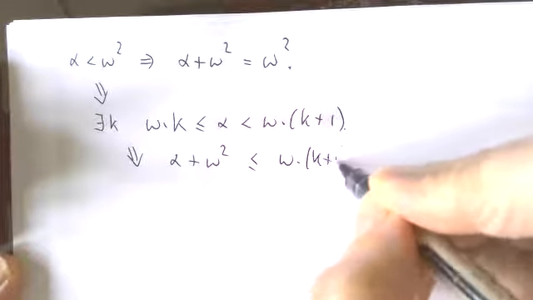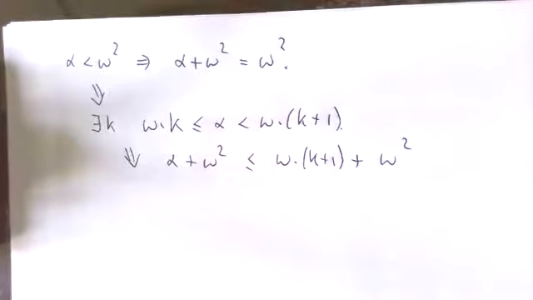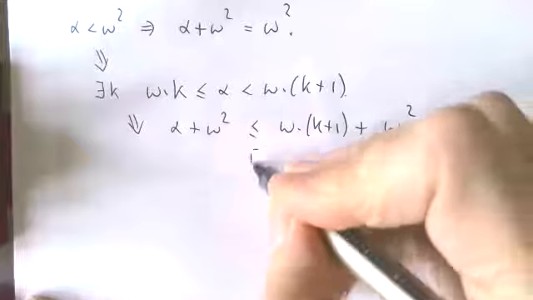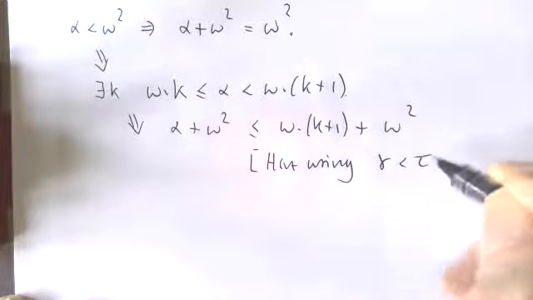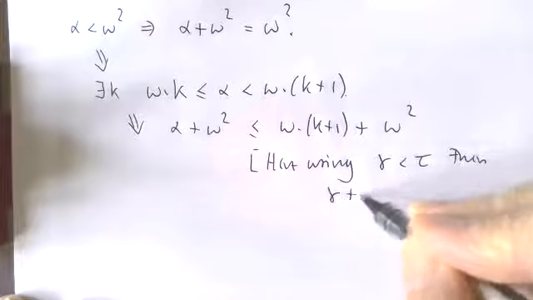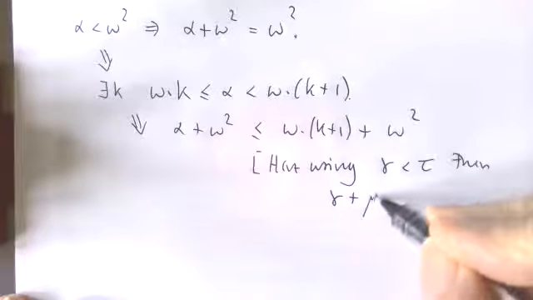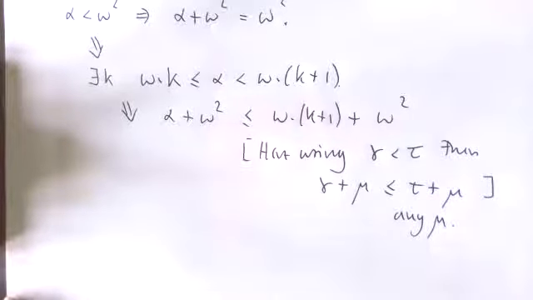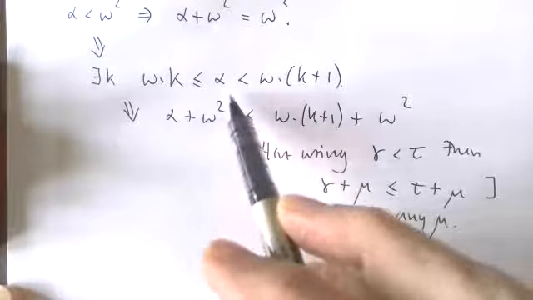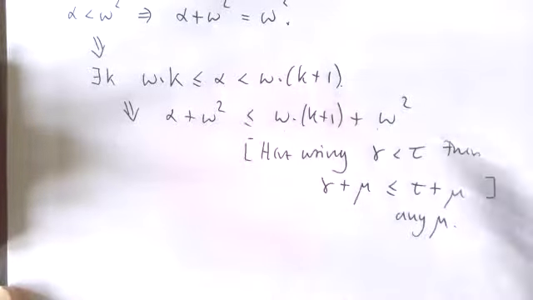So alpha plus omega squared is less than or equal to omega times k plus 1 plus omega squared. Here we're using that if gamma is less than tau, then gamma plus anything, mu, is less than or equal to tau plus mu. So alpha plus omega squared, if alpha is less than this, it's going to be less than or equal to this plus this here.